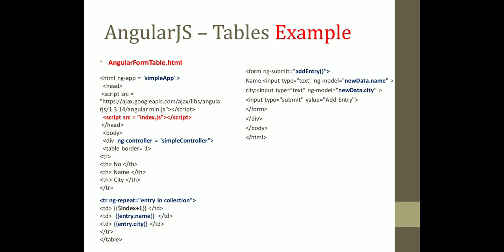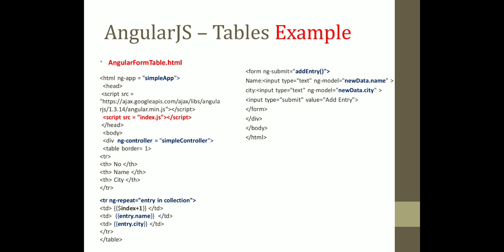We have started the HTML script. With the html tag we have used ng-app, and ng-app is given the name simpleApp. Then in the head, script source we have provided here. Again, after closing that script, we have started another script source, and the index page written in JavaScript.